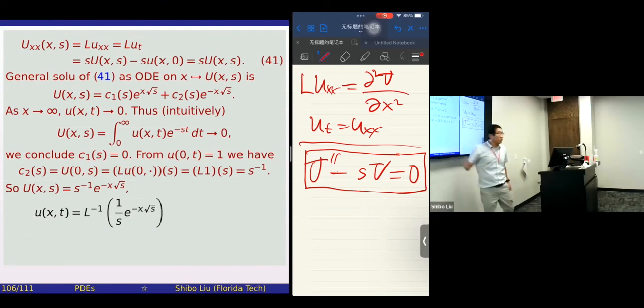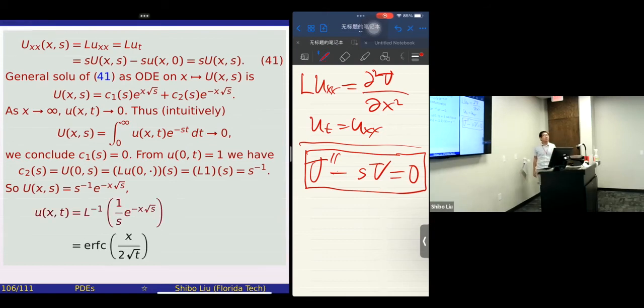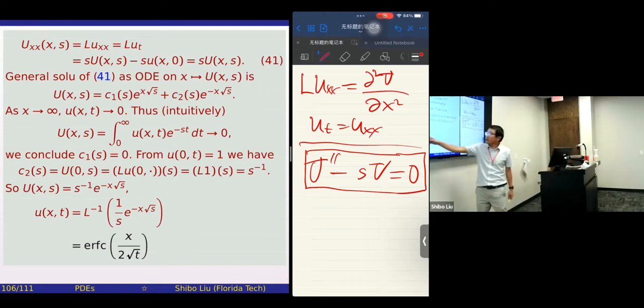So for this capital U, you can check the table in your textbook. The Laplace inverse transform for this function is the complementary error function, with this variable. I will show you what this function is in the next page.